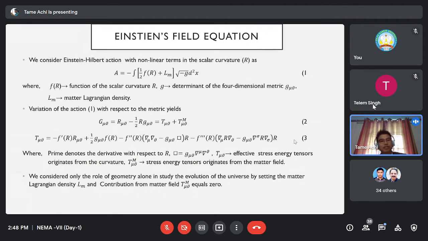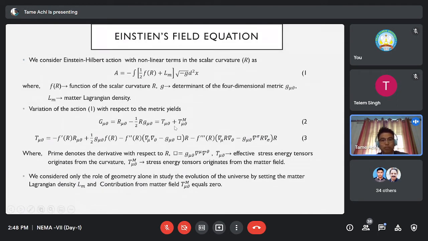The modification is done by considering the Einstein-Hilbert action, and we included our f(R) instead of the scalar curvature. We take the variation of the action of equation number 1 to get a modified Einstein field equation, given by equation number 2.